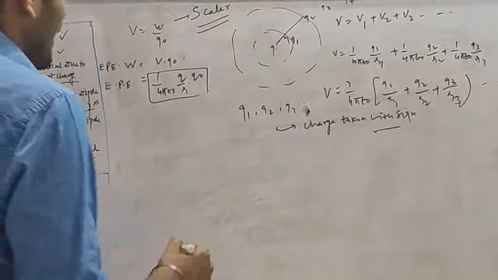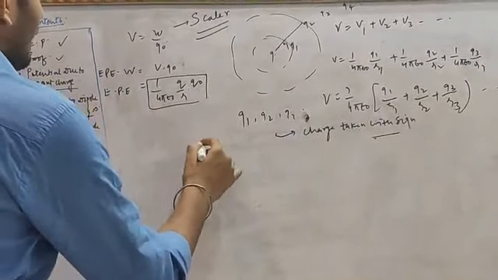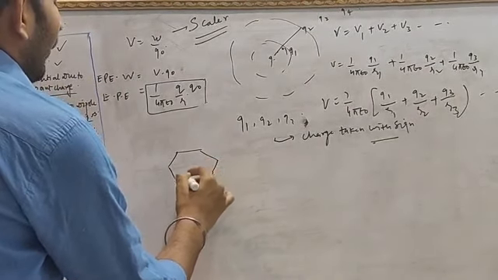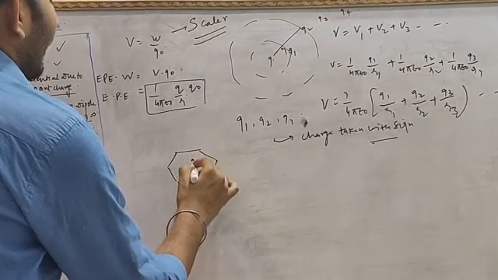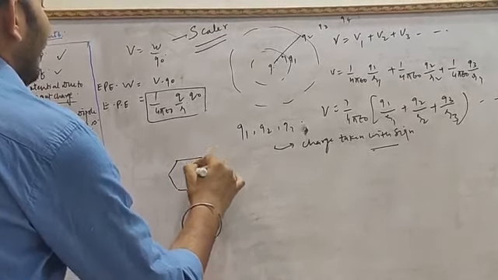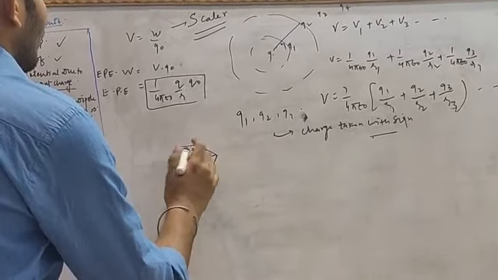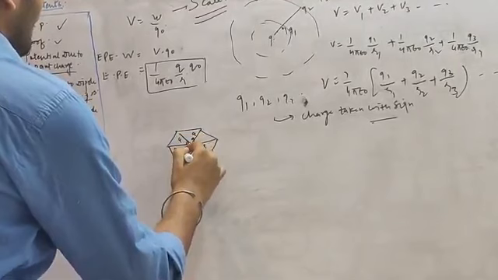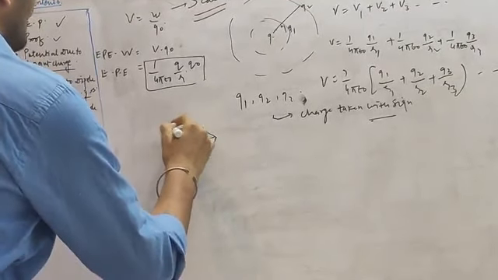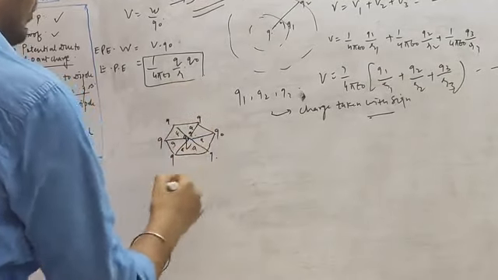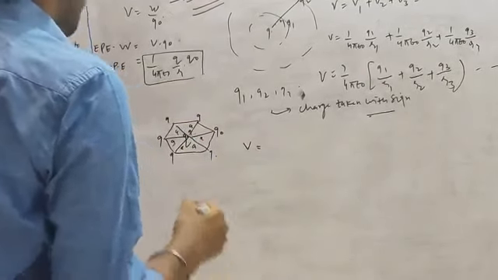One question can also be asked. Suppose this is a regular hexagon, and the source charge Q is present at each vertex, each at a distance a. So what is the value of net electric potential?